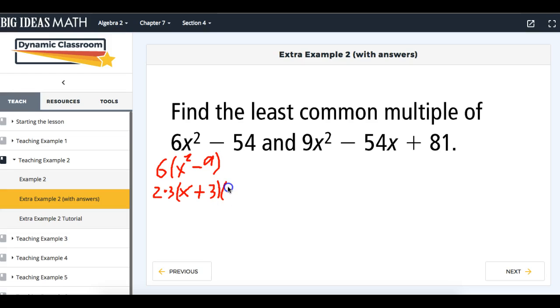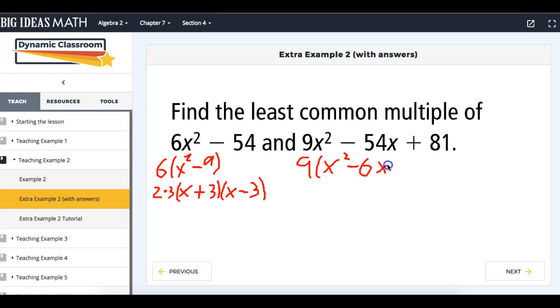Okay, so this is our first term simplified. So x plus 3, x minus 3. Now, with our second term, if we look at this, we can take a 9 out, and we're left with x squared minus 54x. If we take a 9 out, we're left with 6x.